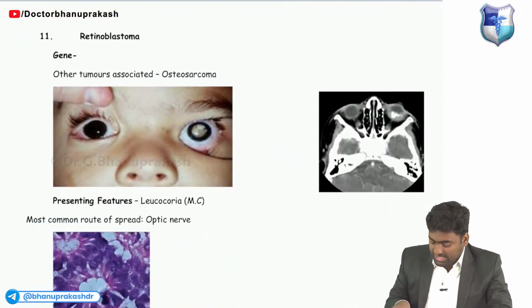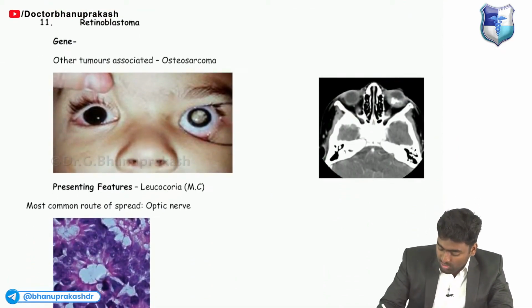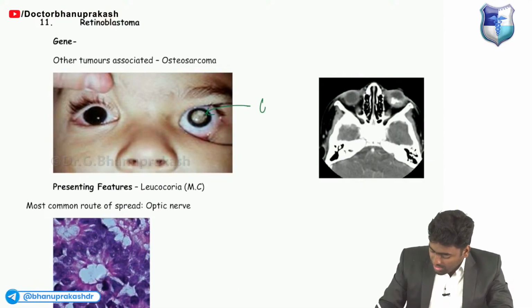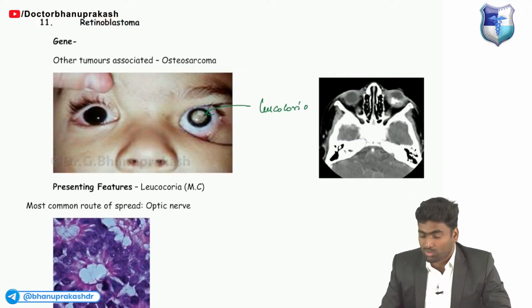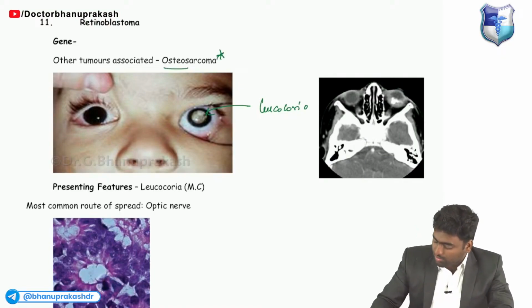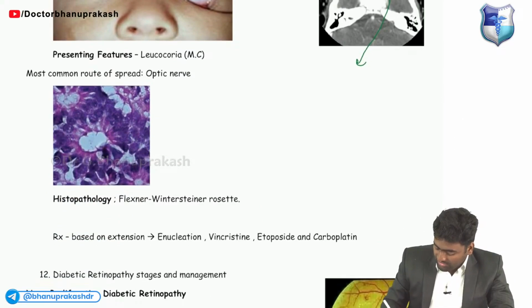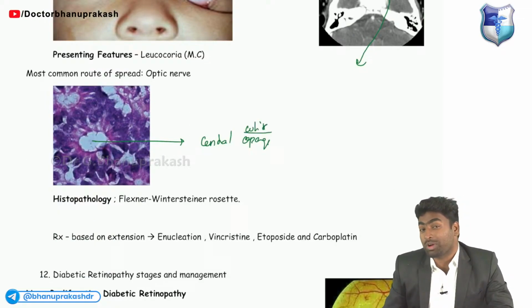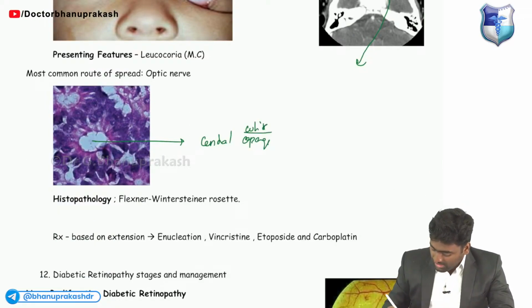Fine. And next, we'll see this disease, retinoblastoma. I told you the most common presentation of retinoblastoma is leukocoria. The condition associated with retinoblastoma is osteosarcoma. We'll see calcification and a central white or opaque area with rosettes. The central white rosette is the true rosette, also known as Flexner-Wintersteiner rosettes.